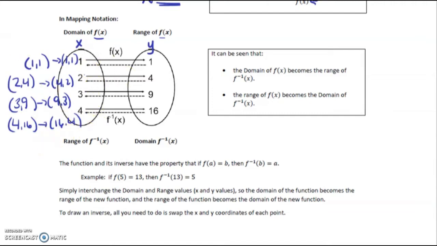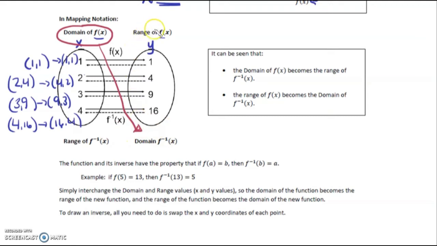Okay, so I want to highlight this. The domain of the function becomes the range, right? So the domain of f at x, all of the points are going to go from the domain into the range.